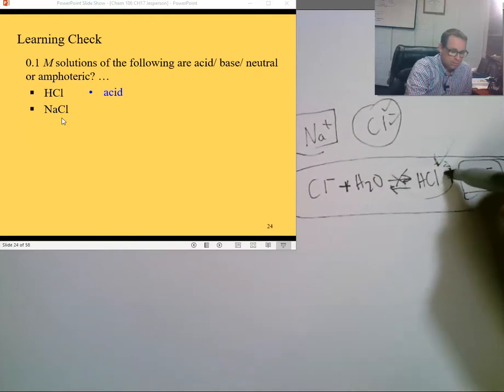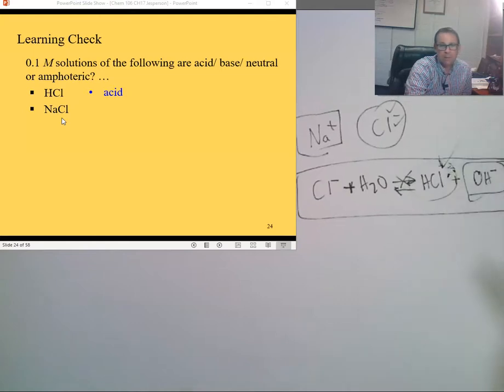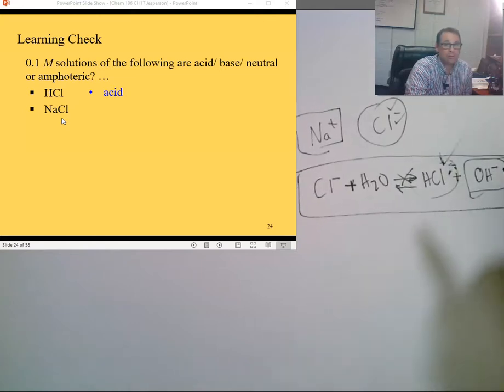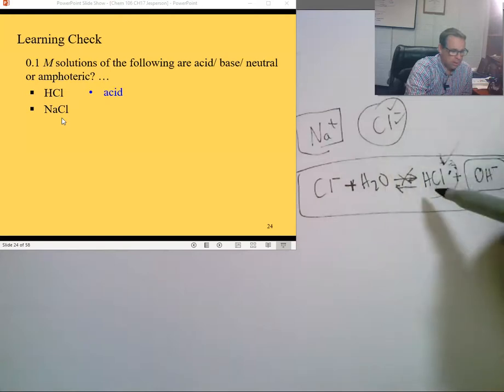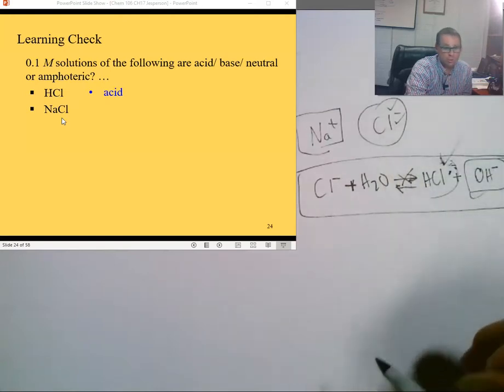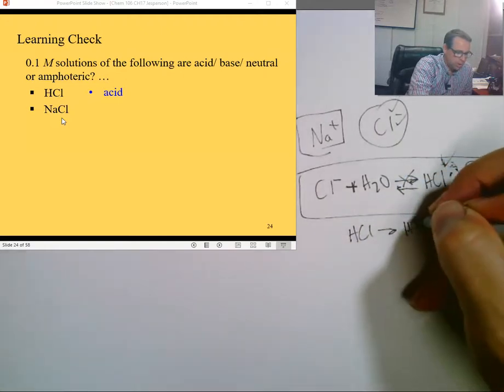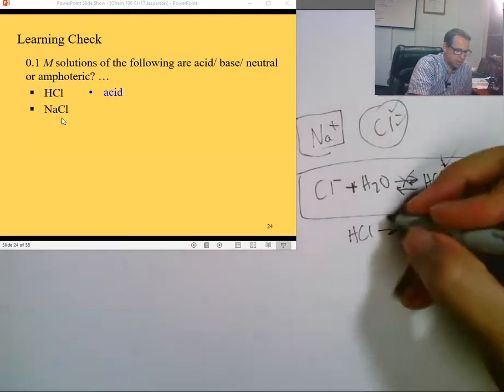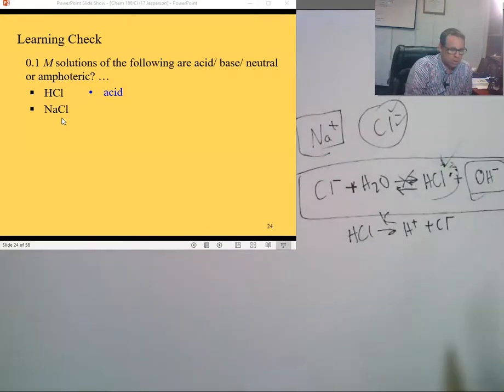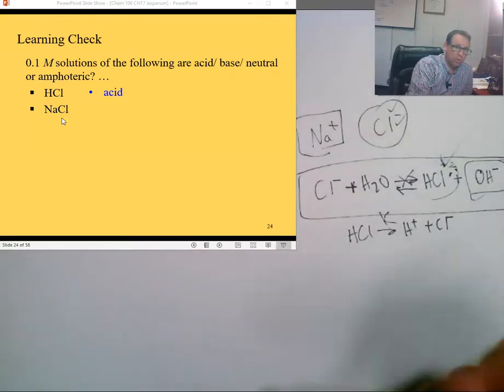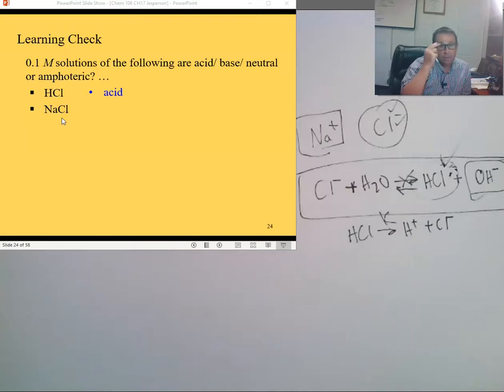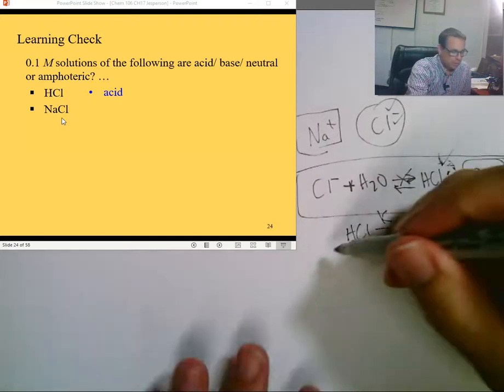But it won't have any significant amount of it because the Ka for the chloride ion and the hydrogen ion is so large, right? Or in other words, HCl dissociating into H plus and Cl minus. The K value there is so large that there's essentially no backward reaction occurring. Okay, good question.